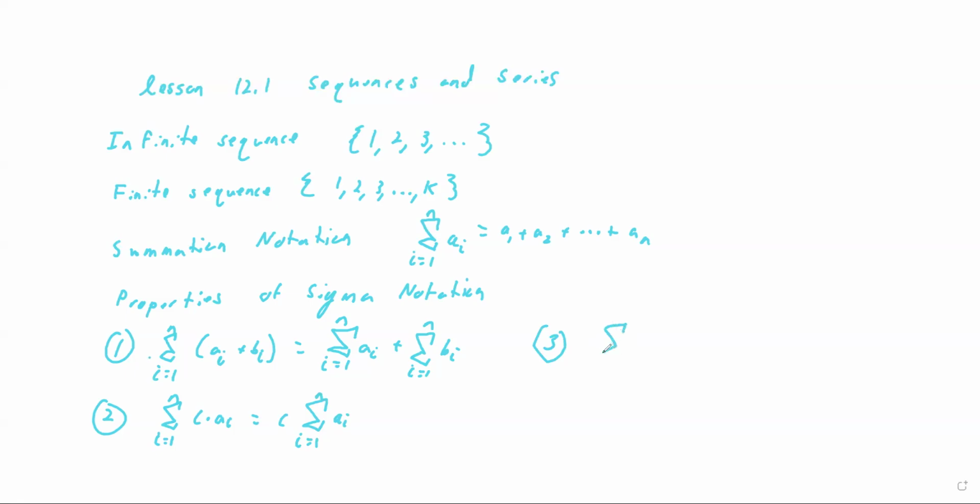The third thing is kind of an interesting notation, but sometimes, again, can make it a little bit easier to solve. If I start off with a regular summation notation, I can actually separate this as this type of notation. So I can now go i equals 1 up to k.